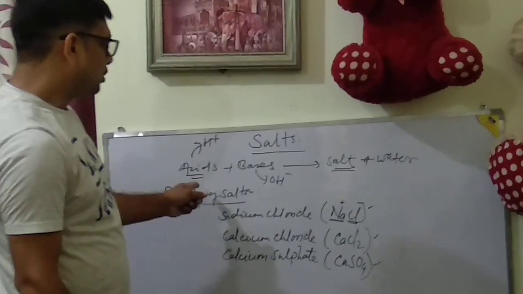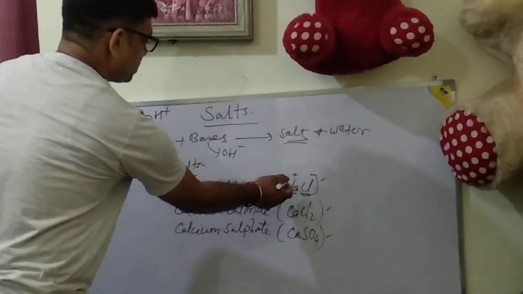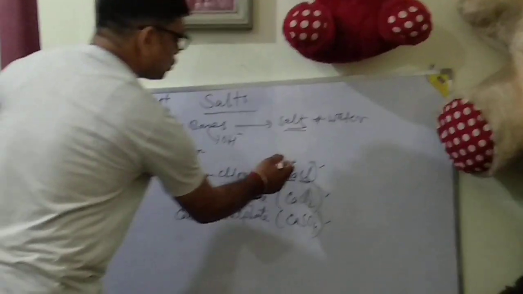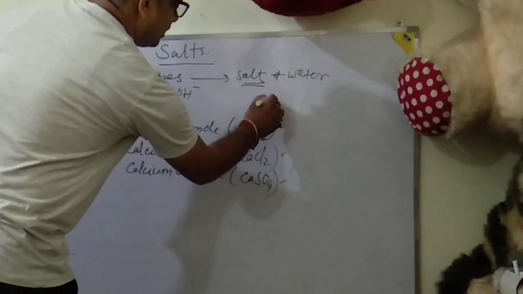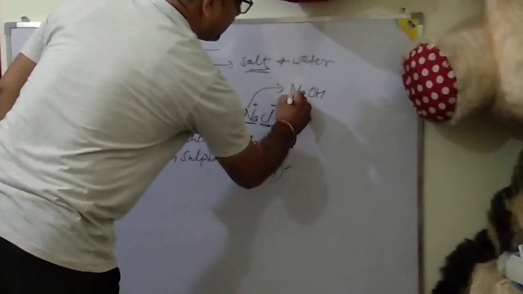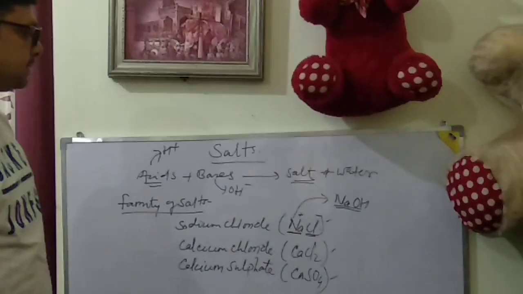Okay. Now, this is the positive ion of the salt. So the positive ion will be attached with the negative ion. So if this is attached with OH, what do you know? NaOH. This is a base. NaOH is a base.